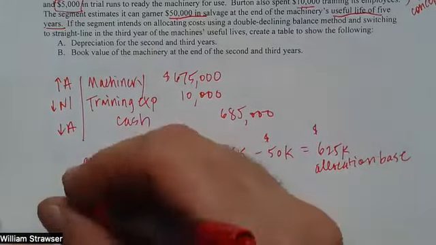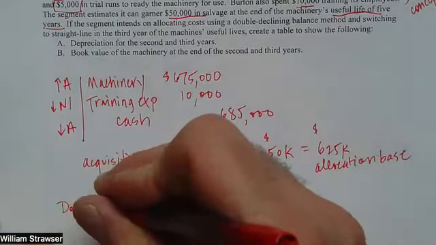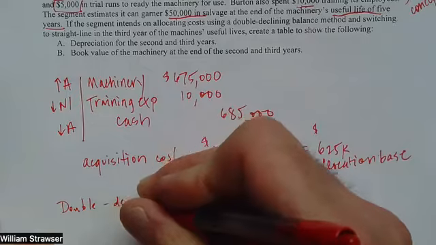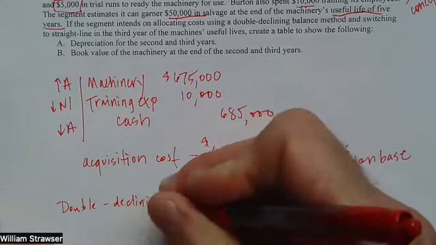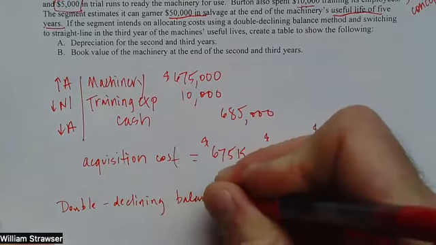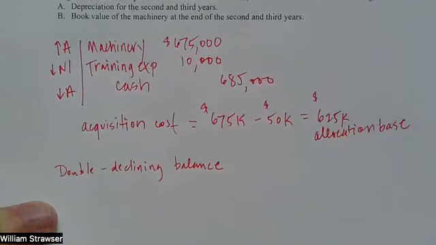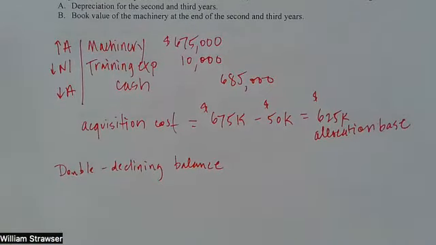So for the first 2 years, we're going to apply double declining balance. And the declining balance method is the one method that ignores salvage when it is initially setting up its estimates.